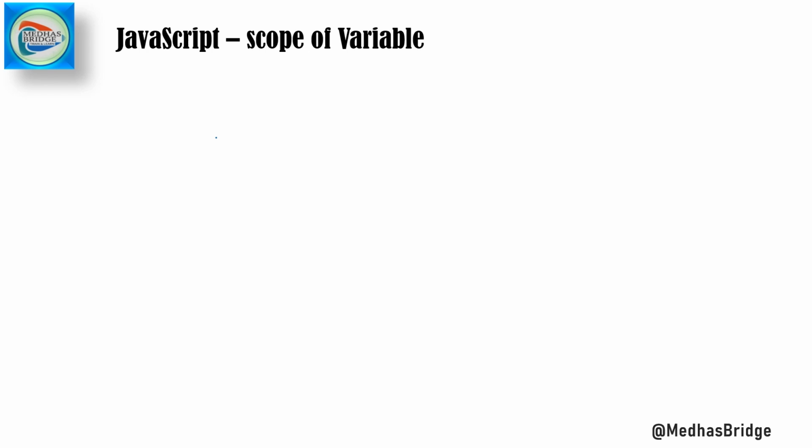In this session, we will attempt to explore the concept of variables in JavaScript. When you say variable, let's say I give x equal to 4. What this means is x is a variable, 4 is a value, right? You are assigning the 4 to x.